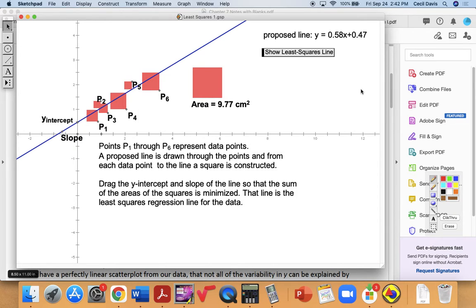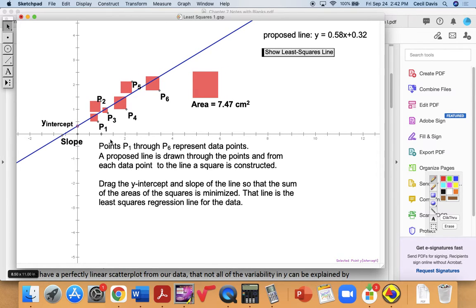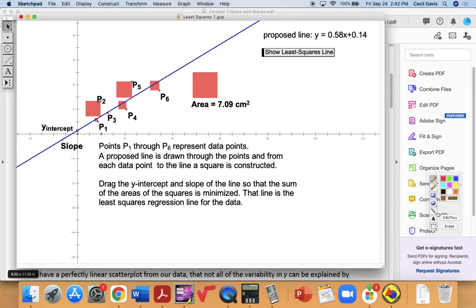Okay, if I adjust the y-intercept, that's cool. I can try and make this as small as possible. This, by the way, is the sum of the squares. And I can pull it down. Oh, went too far. Somewhere in there is as small as possible.